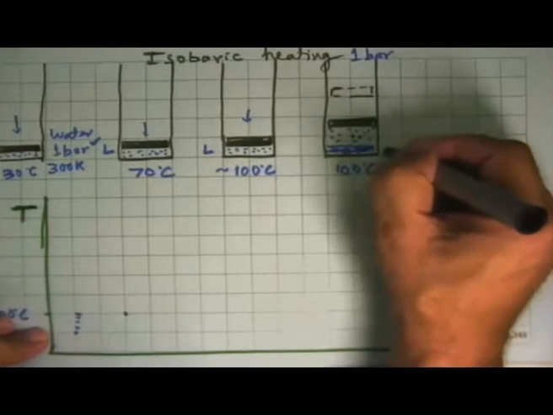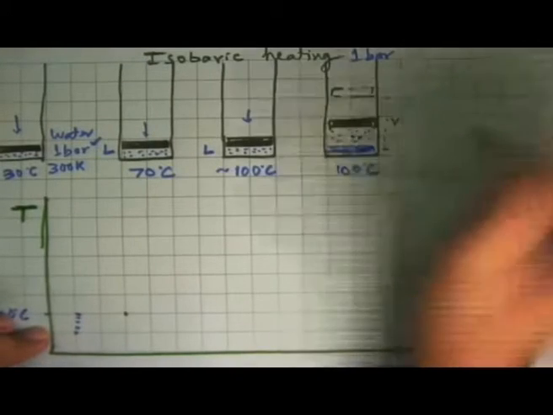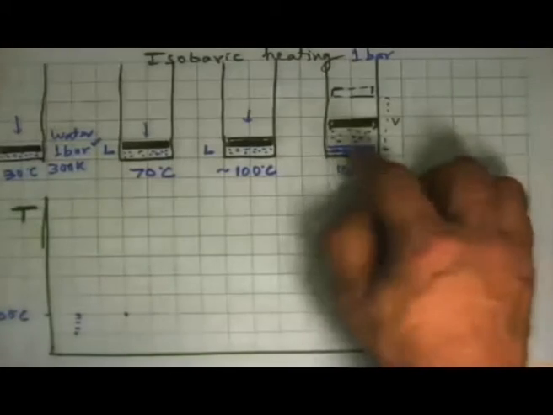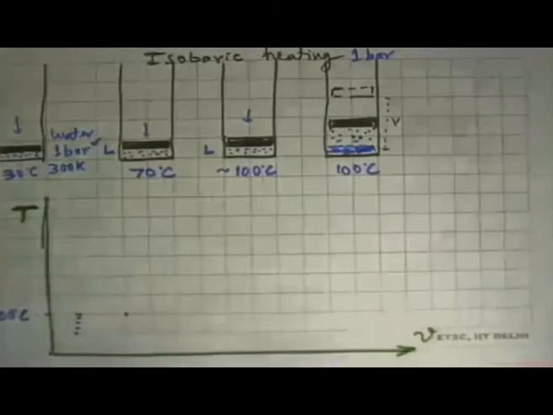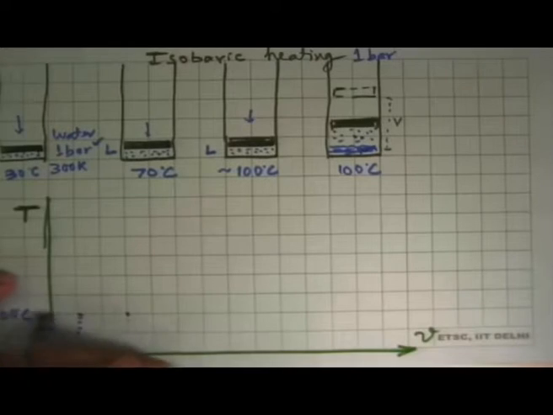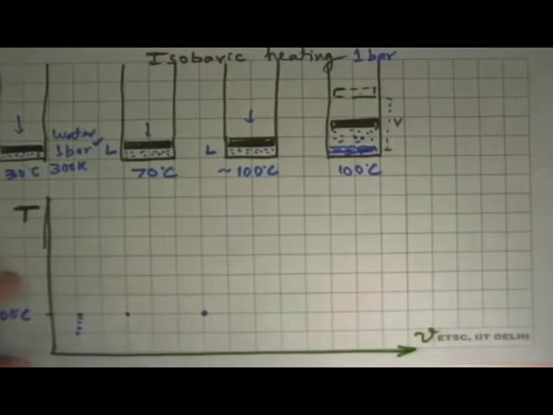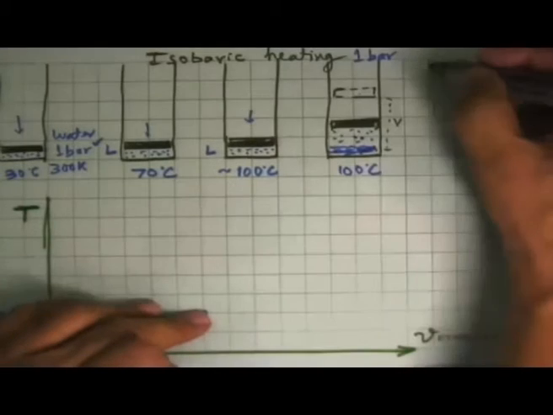The liquid amount has now decreased a little bit. The rest of it is now vapor. The liquid is at 100 degrees Celsius, vapor is at 100 degrees Celsius. Specific volume has increased. Pressure, the temperature is the same, so it will be the state that is now here. We will show it by a point over there. And then we continue heating this.